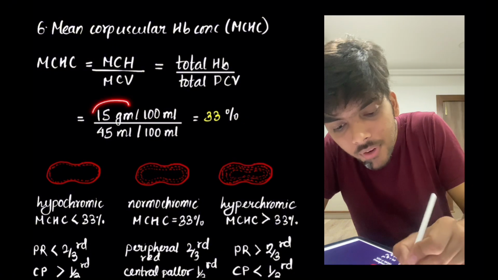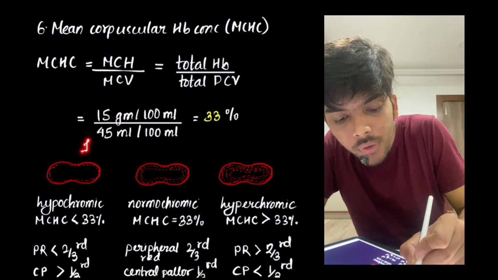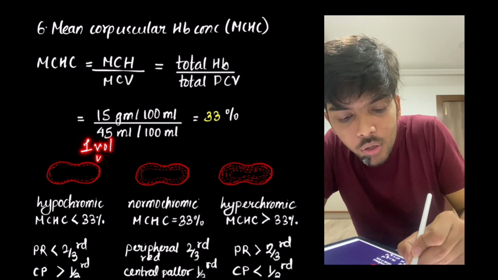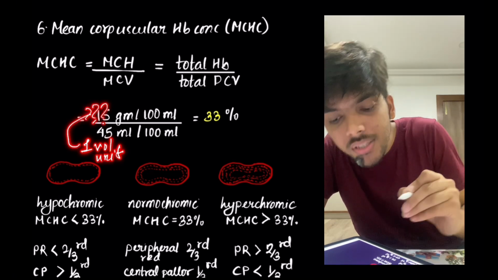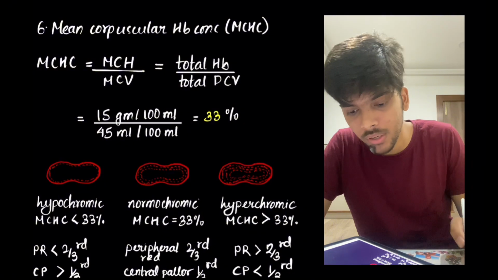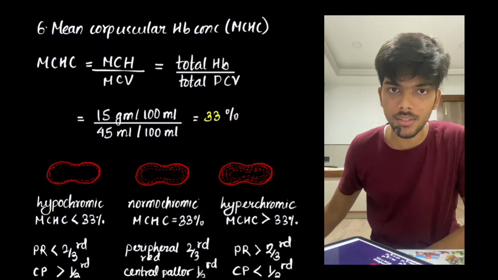So you divide 15 gram by 45 ml. That is hemoglobin concentration, and it comes out to be 33%.